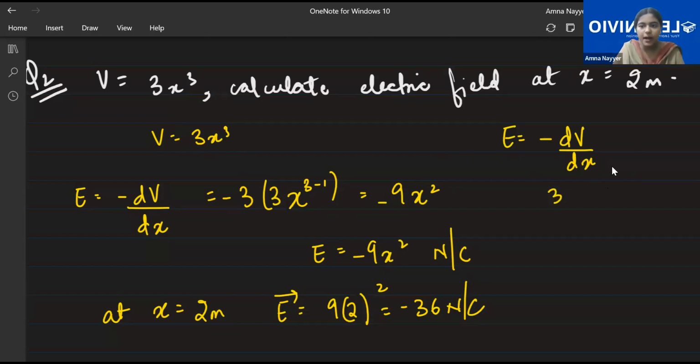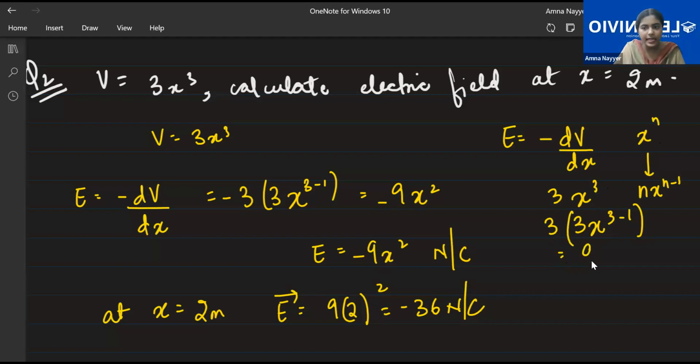You have x to the power 3. x to the power n becomes n x to the power n minus 1. So 3 into 3 is 9, and x to the power 3 minus 1 is 2. So 9x squared. Since there's a negative sign, which I forgot to put earlier, it is minus 9x squared.